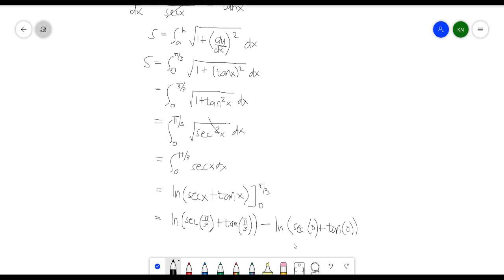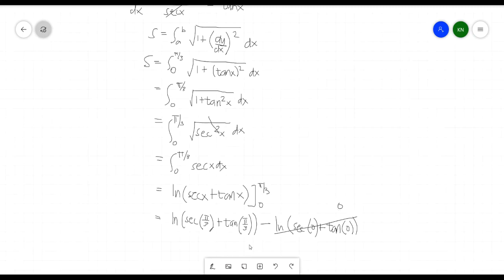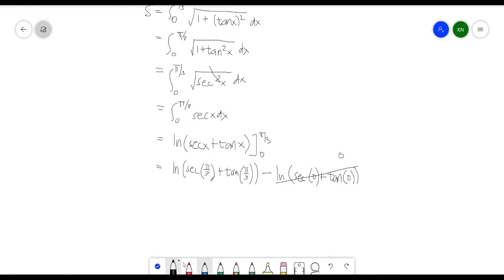If you calculate this one, this part is equivalent to 0, so you can just cancel that one. And if you calculate this, it is approximately equal to 1.317 units.